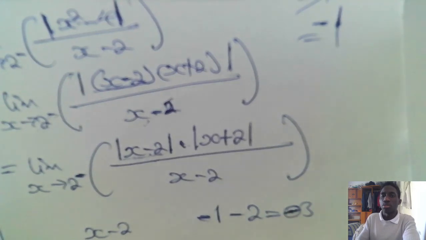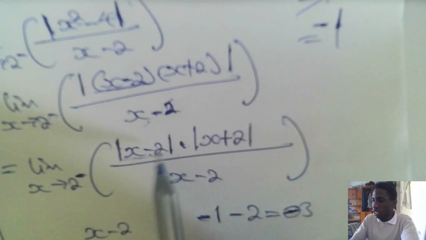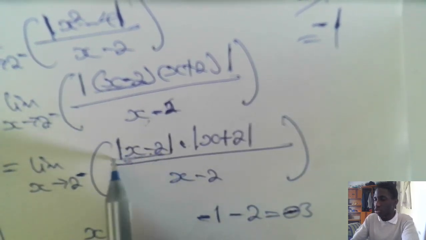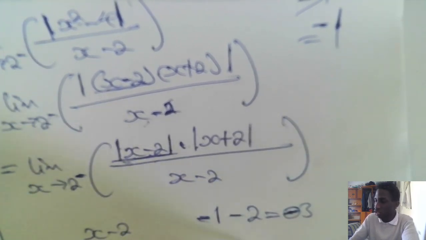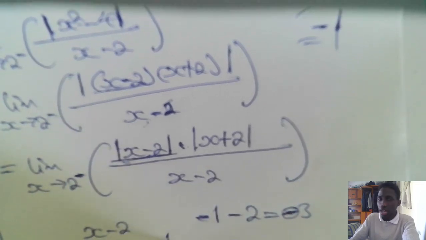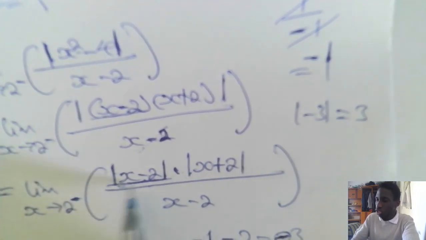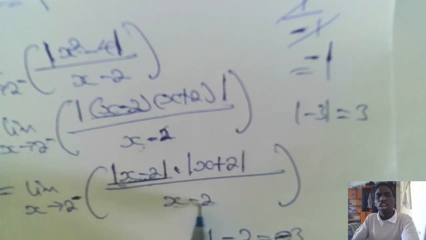Now, what the absolute value here does is nullify that negative and make it positive. So you'll be receiving positive results, positive x minus 2. Like here, it's going to turn this minus 3 to 3. The absolute value of minus 3 is equal to 3. But it does not affect the denominator.